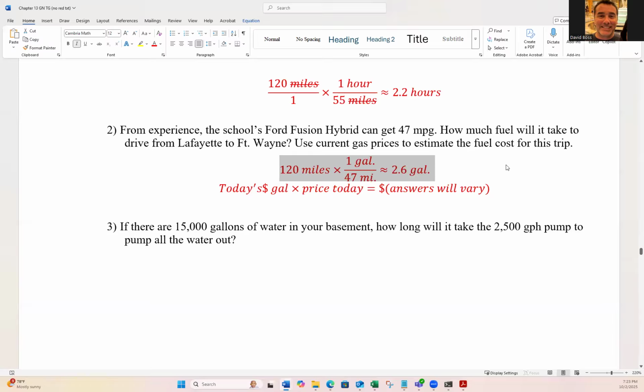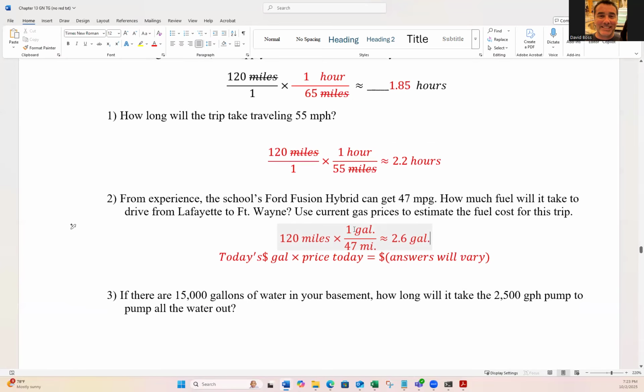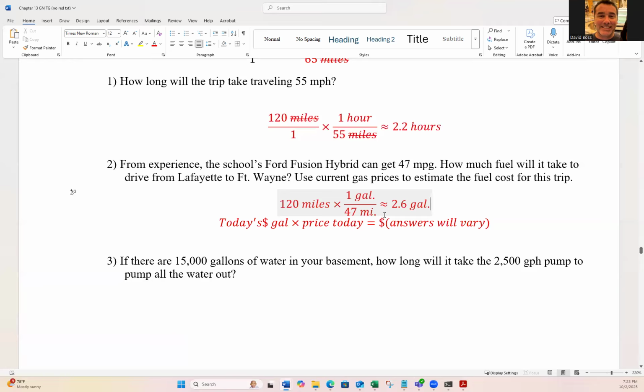Okay. So 120 miles. 1 gallon is 47 miles. So these cancel out. Now we're left with only gallons, and gallons has to be on top.